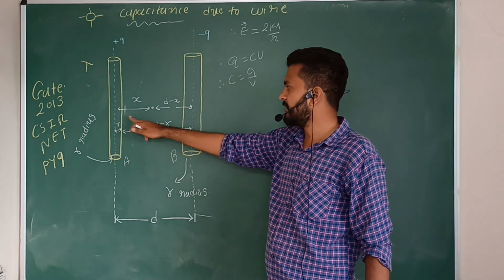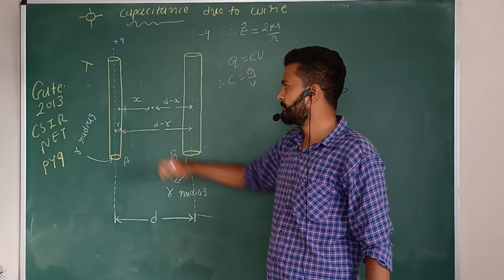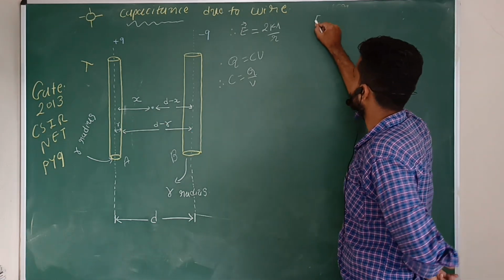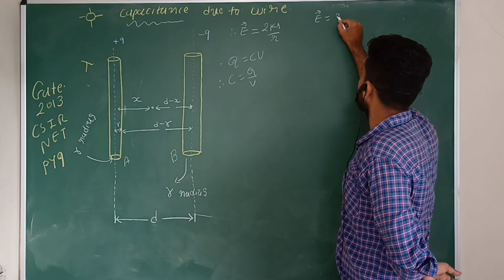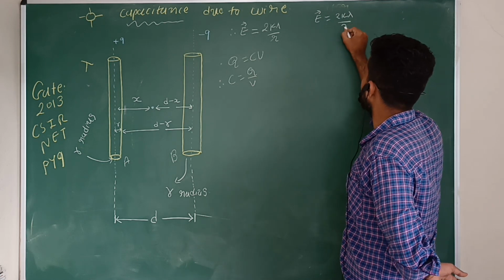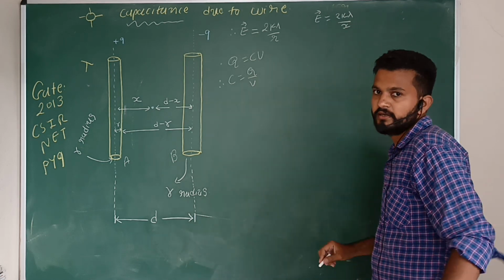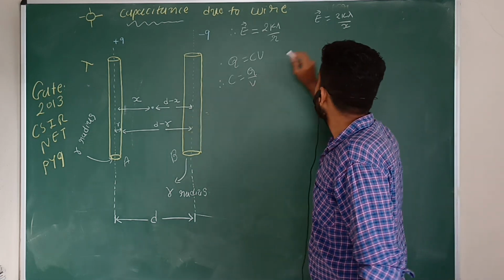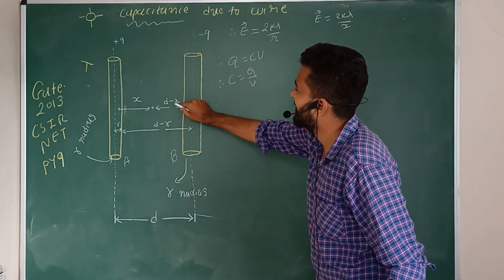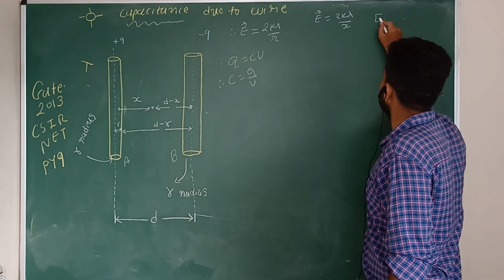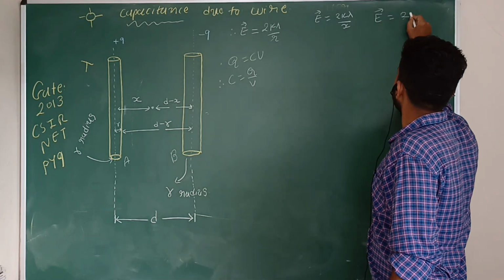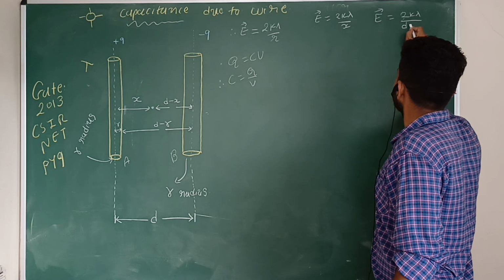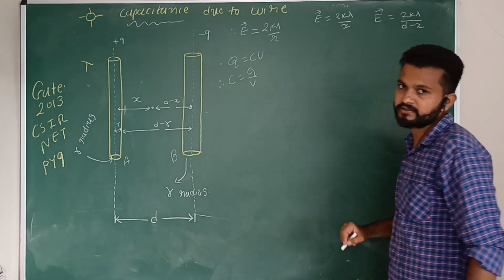Due to wire A, the electric field will be 2kλ upon x. Due to wire B, the electric field will be 2kλ upon d minus x.